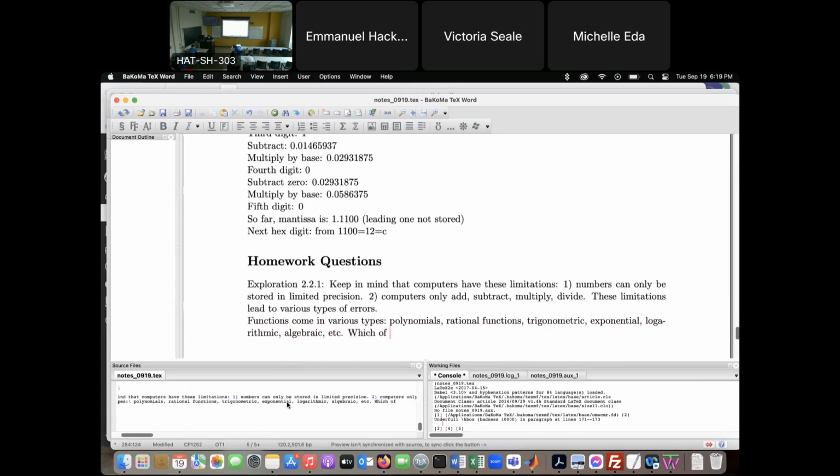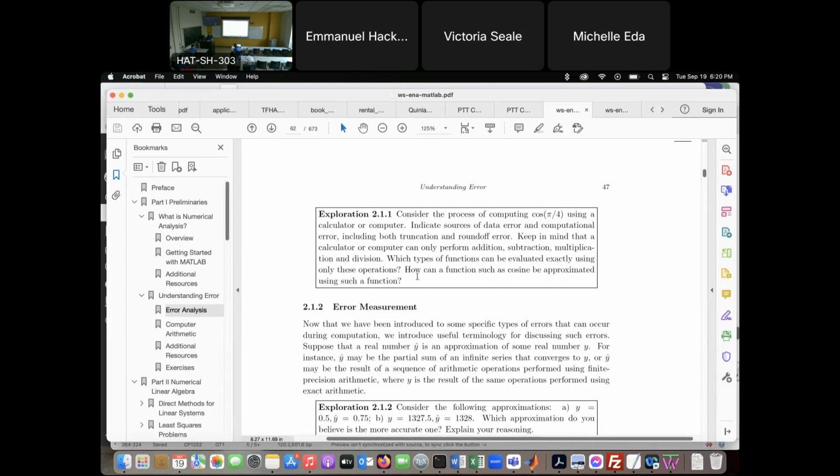Which of these can be evaluated using only add, subtract, multiply, divide, without approximating? Only certain types of functions can be. Which ones? That's what the last part of the question is about.